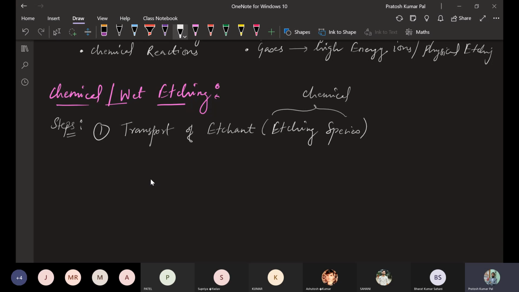First of all, we will be transporting the etchant to the surface where the etching needs to be performed. Once the etchant has reached the surface, there will be some reactions taking place. As it is chemical etching, some chemical reactions will take place at the surface. That is the second step.